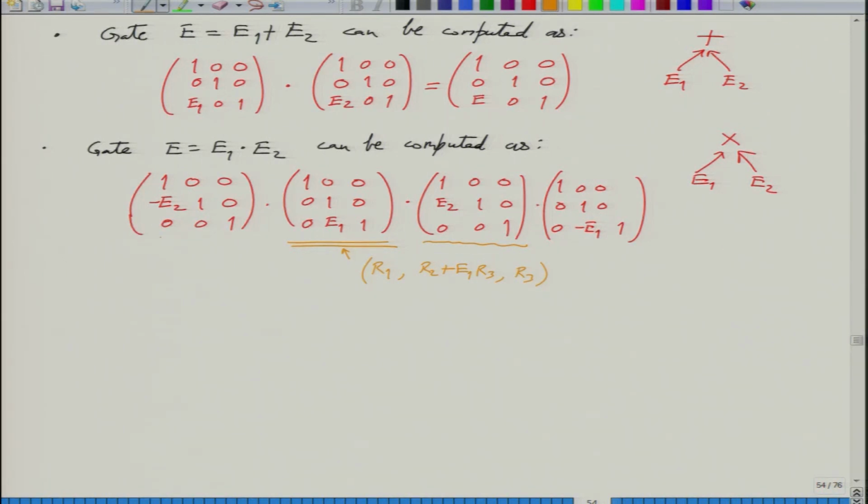So how do I interpret this one? I interpret it as follows. You have already seen that I can get to this point. From E2 I can get to this. I will just permute R1, R2, R3 and I will get to this. But now I want to scale it, right?